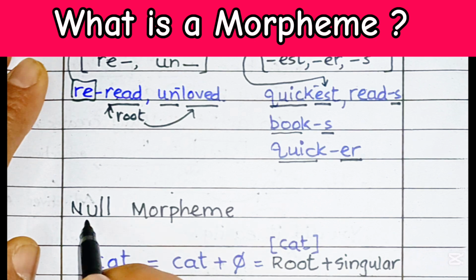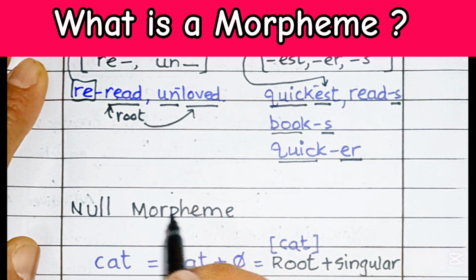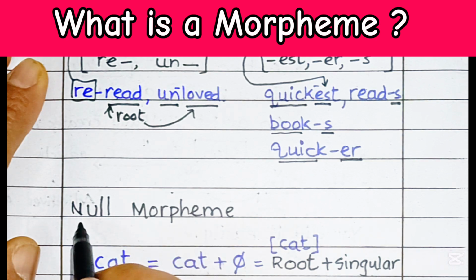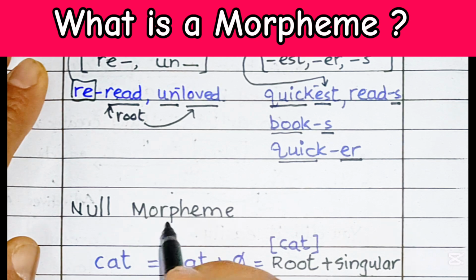Now, what are null morphemes? In morpheme-based morphology, a null morpheme is a morpheme that is realized by a phonologically null affix. That means it is related to sound, and it is an empty string of phonological segments.